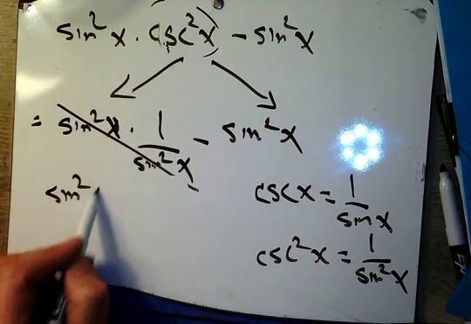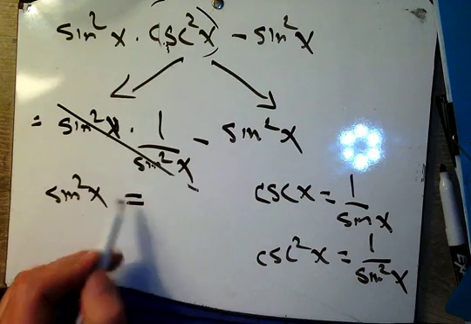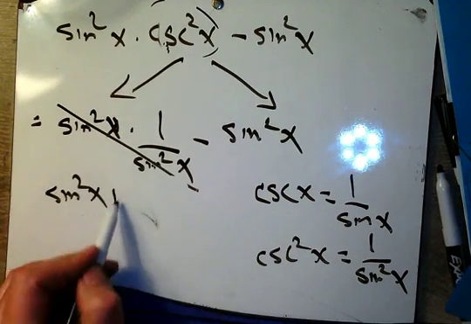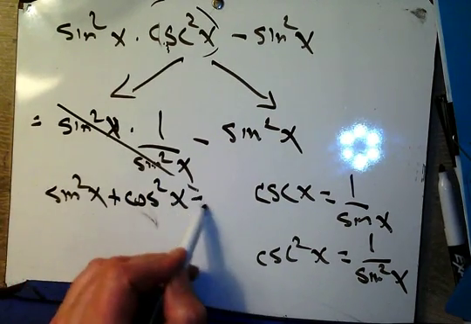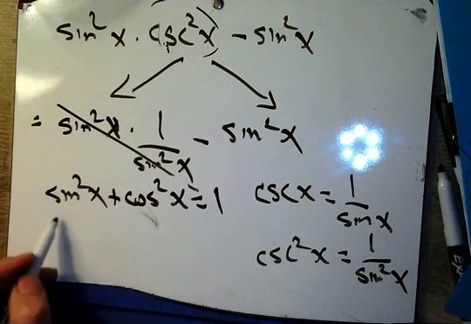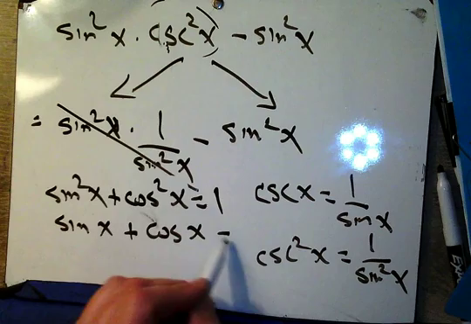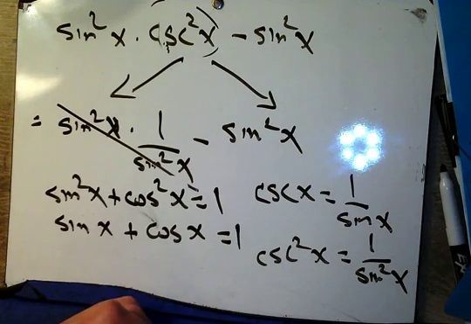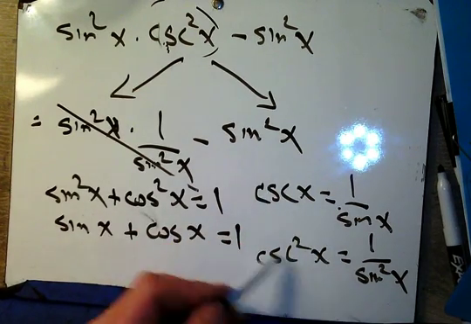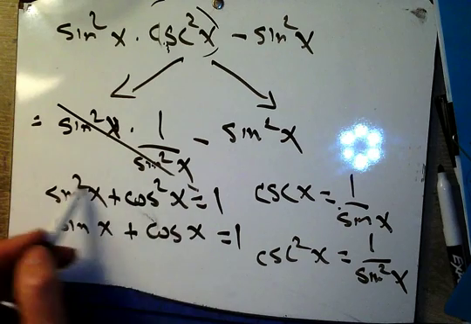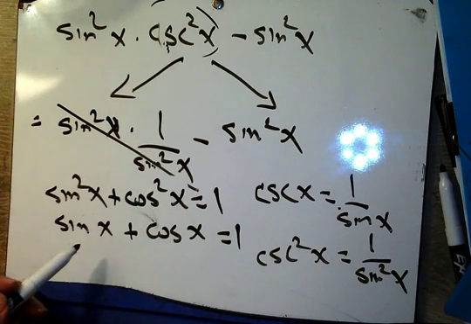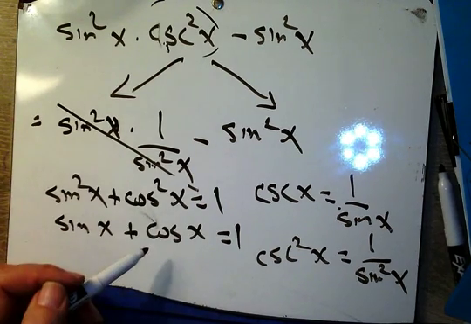Sine squared plus cosine squared equals 1. Some students think then that sine plus cosine equals 1 must be true. Like if I can square both of these so this works, can't I take the square root of these to make this work? And the answer is no, absolutely not.